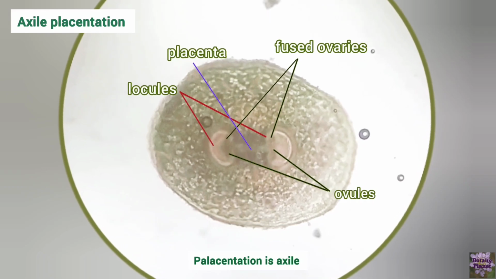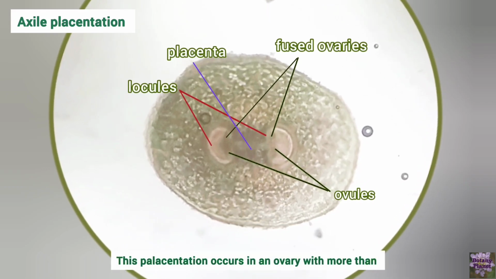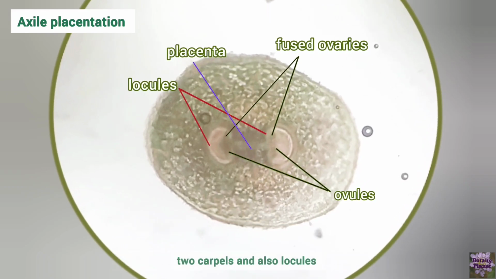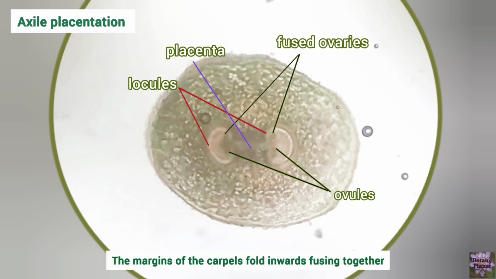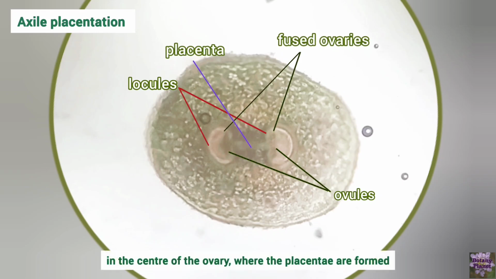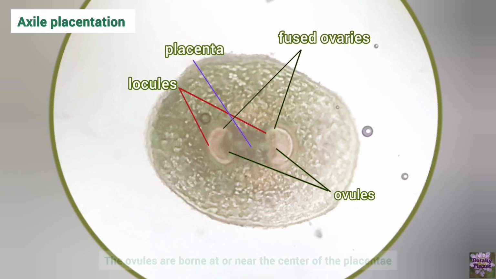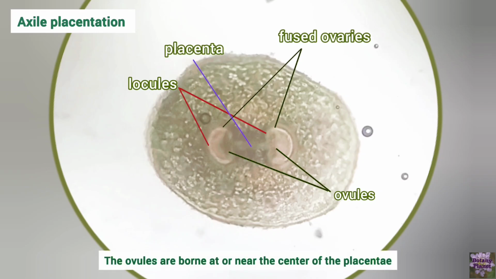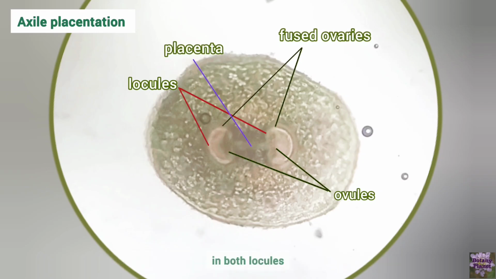Placentation is axile. This placentation occurs in an ovary with two or more carpels and locules. The margins of the carpels fold inwards, fusing together in the center of the ovary, where the placentae are formed. The ovules are borne at or near the center of the placentae in both locules.